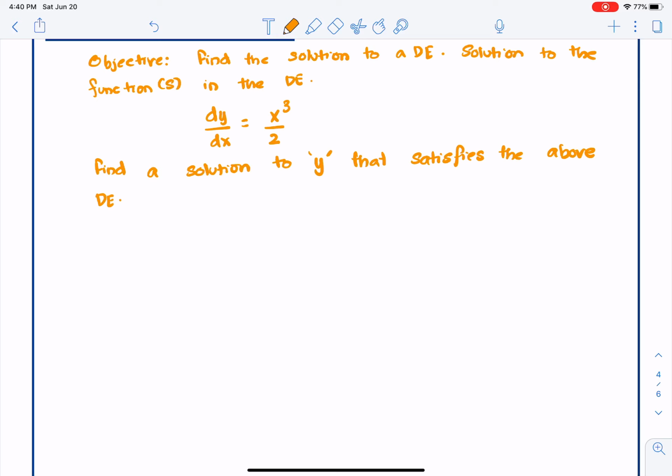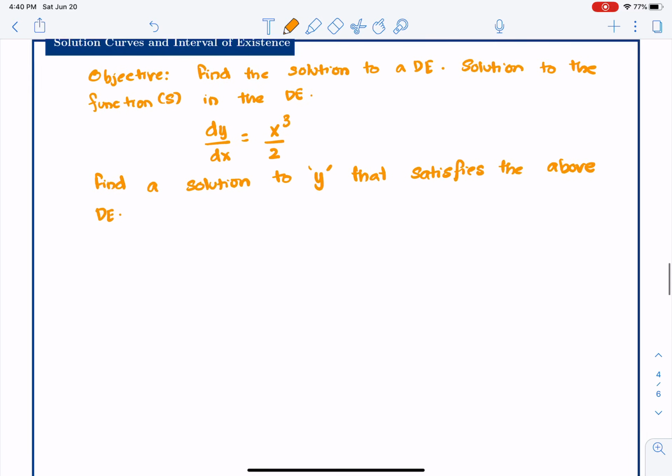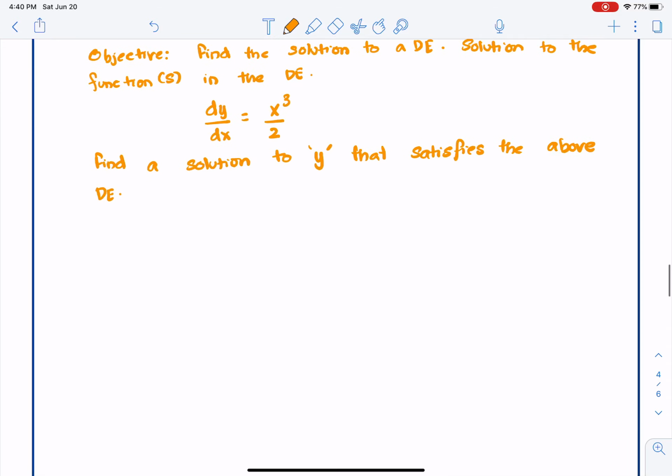Now, one thing that we have to be very careful about when it comes to differential equations is the interval of existence.